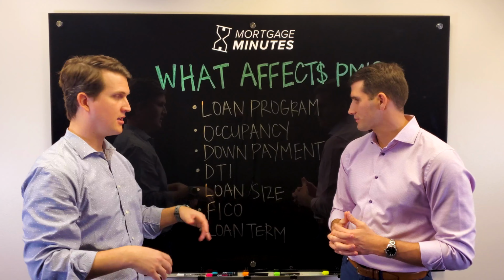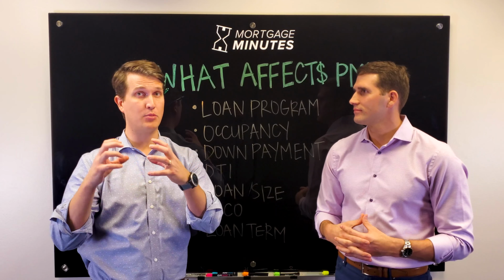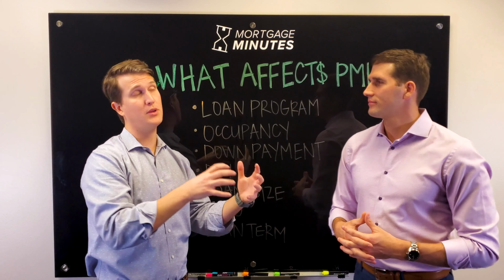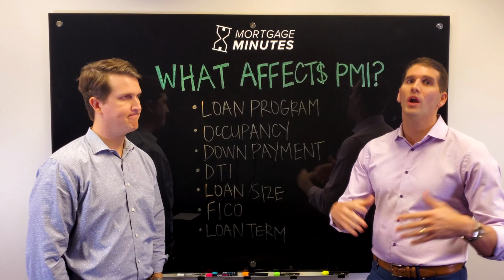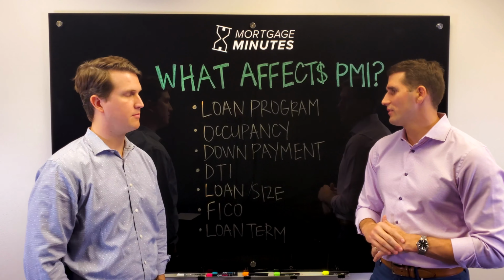The loan size isn't going to affect what the percent of your PMI is. It's the thing that percentage is multiplied by to calculate the actual dollar amount. So the more you're borrowing, the more your PMI is going to cost, period. Think about borrowing $500,000 versus borrowing just $100,000. You might have the same PMI rate, but way different cost, a lot more.